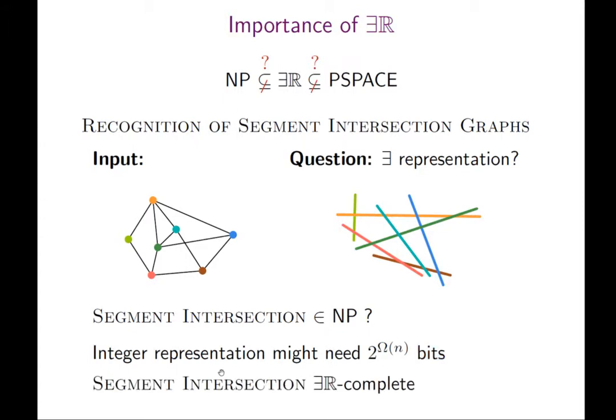And because this problem is ETR complete, if you would show that a different witness would work, you would show existential R equals NP, and that would be a big breakthrough, because a lot of problems suddenly could be solved faster.